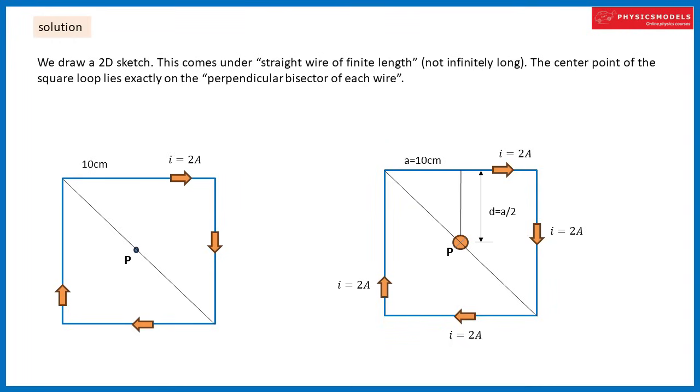And the distance of P from the wire is d equal to a by 2, and the same a by 2 applies for all the 4 segments of the wire. Of course, subject to the engineering issue which I pointed out in my first sketch, but that we are ignoring for the moment in this problem.